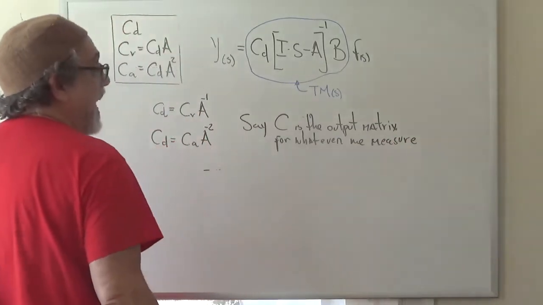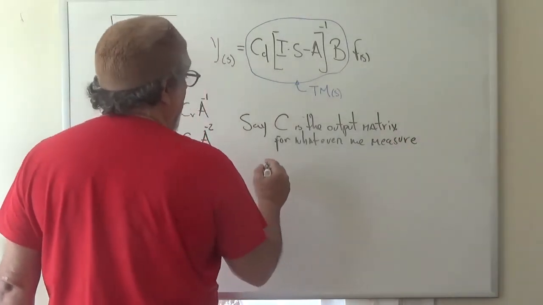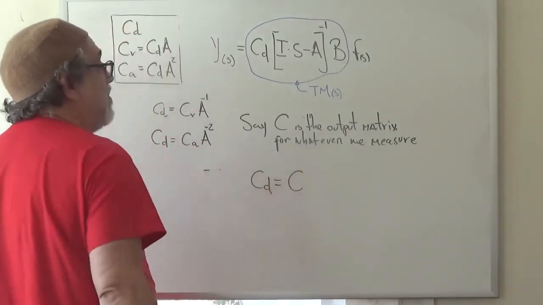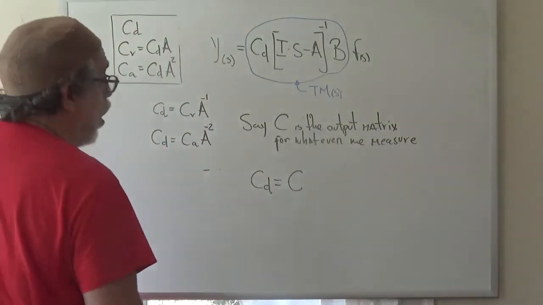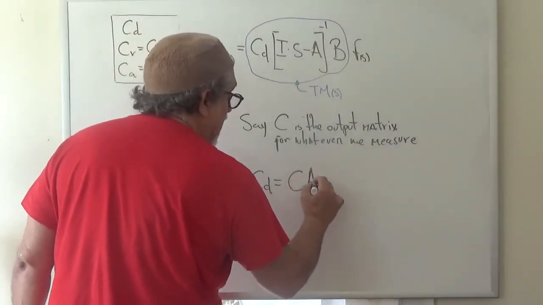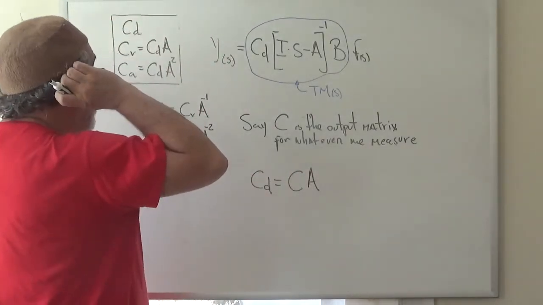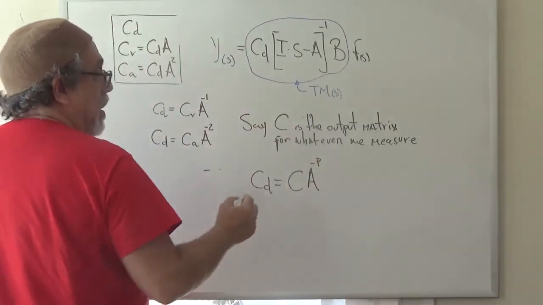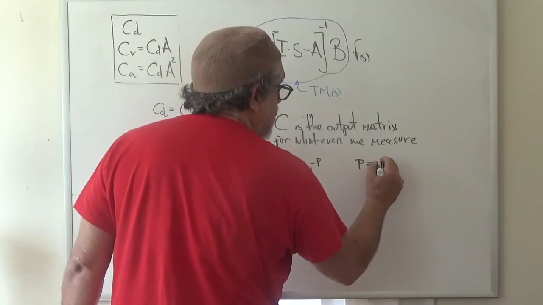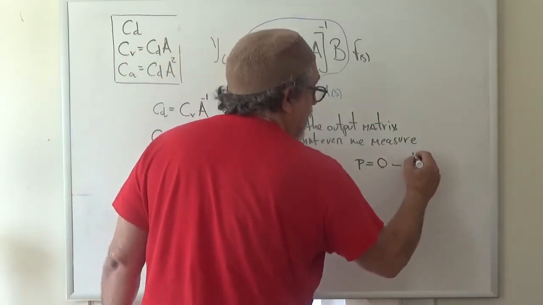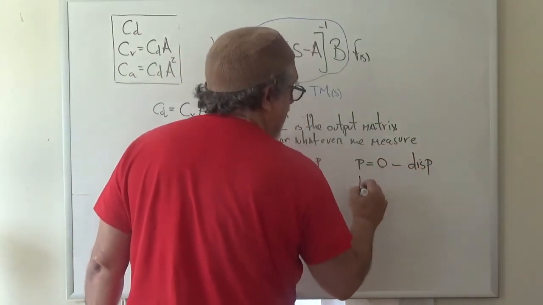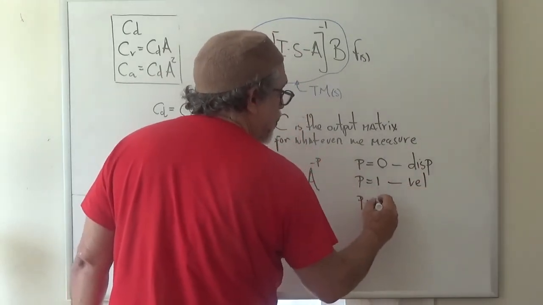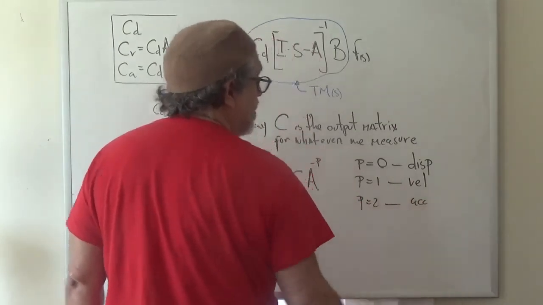So if that is the case, then we can say that CD is the C of whatever we are measuring multiplied times A to the minus P, where P is equal to 0 if we measure displacements, P is equal to 1 if we measure velocities, and P is equal to 2 if we measure accelerations.